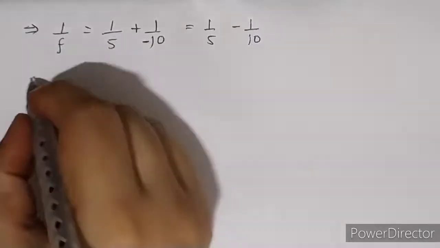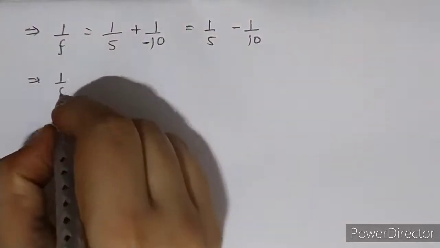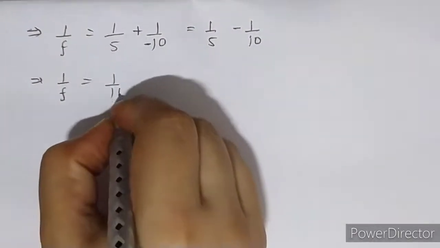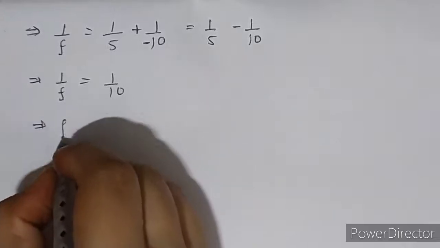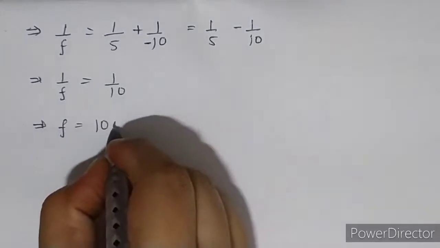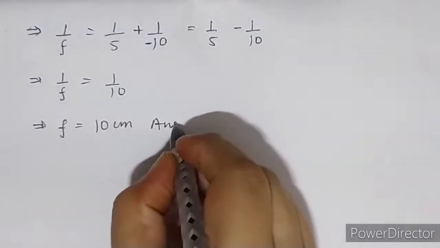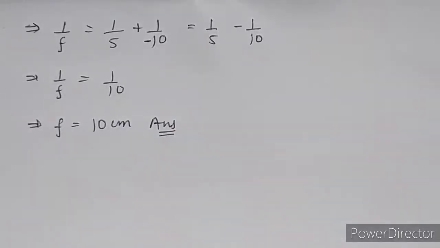And your answer will be 1 upon f is equal to 1 upon 10, and f is equal to 10 centimeter. This will be your answer. Okay, so one more question we have solved. Moving ahead with the next one.